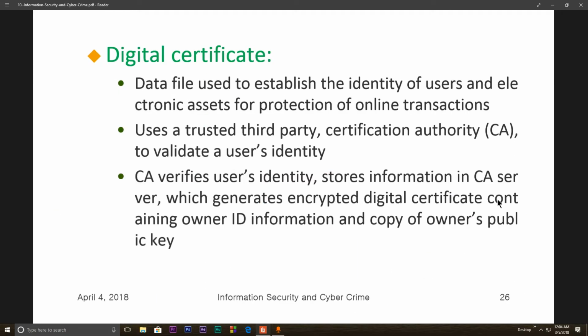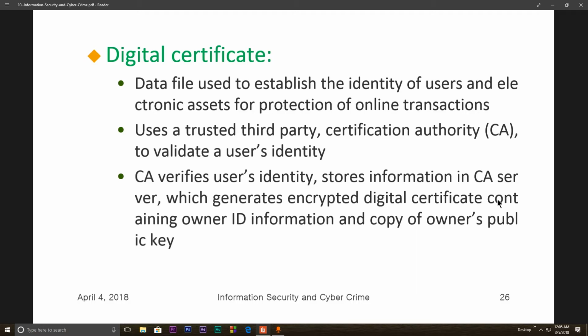So let's talk about digital certificates. These are data files used to establish the identity of a user. Your name, your ID, your fingerprint, your eye scan, all those things are your identity. It's useful for protecting online transactions, online money transfers, etc., which are very important.